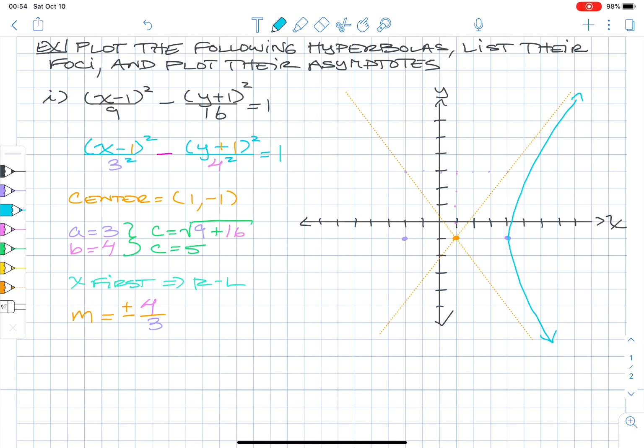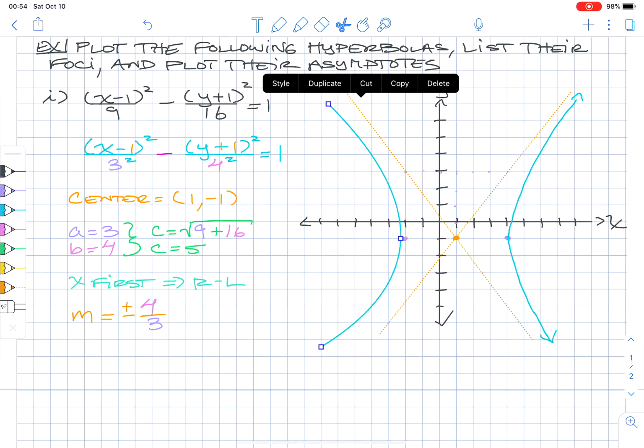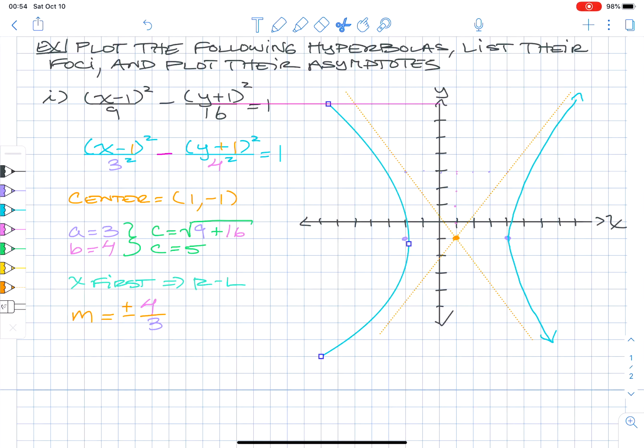Actually, these are terrible drawings. Let's see if I can make a better hyperbola. Kind of. I know these are parabolas, so they're not the best. So let me erase this because it doesn't curve back in. It just gets wider and wider and wider.